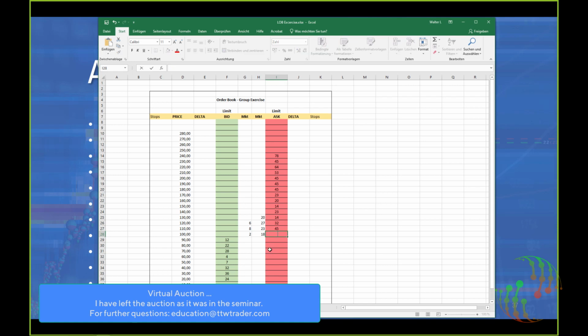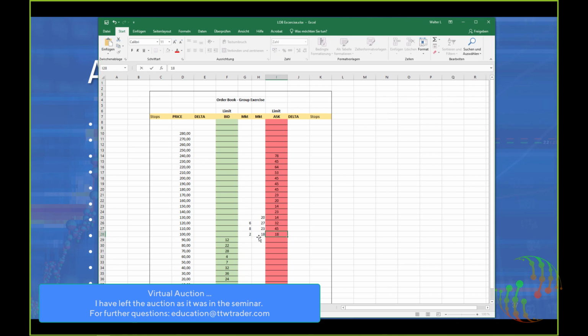So we delete everything here and we have remaining 36. This is the order from George, and we have 20 here.